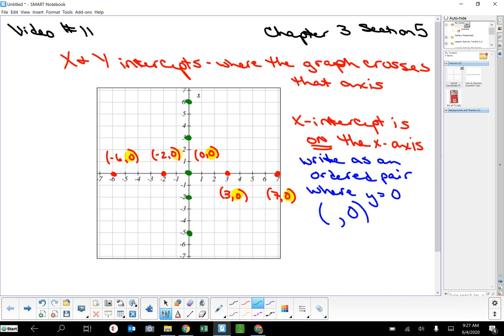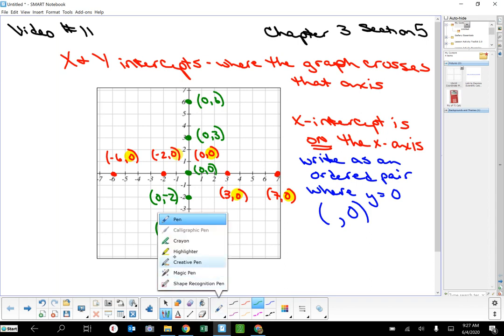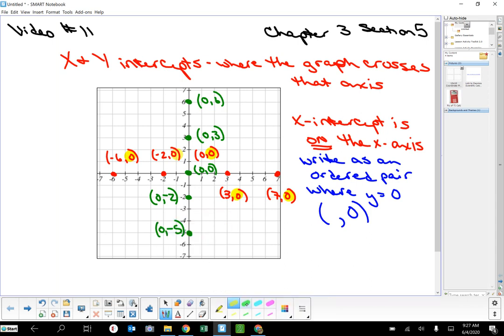And again, if you take a look, this is 0, 6, 0, 3, 0, 0, 0, -2, 0, -5. And again, you'll notice that all of those x parts are 0 when you're talking about a y-intercept.